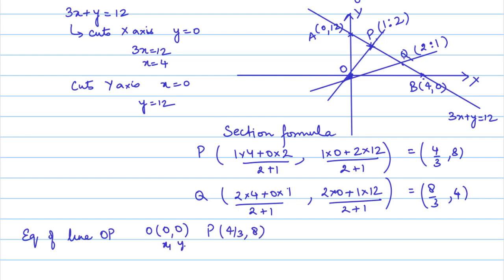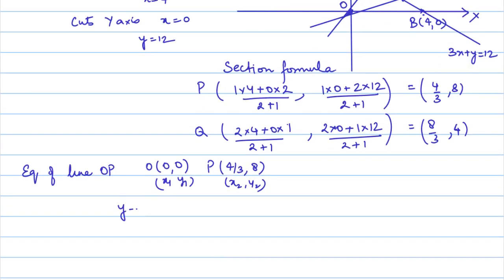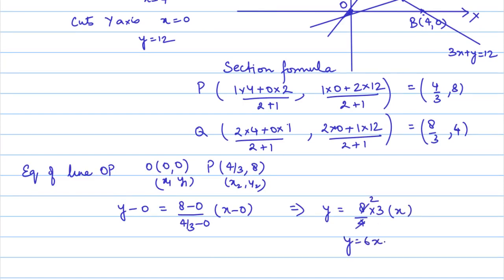Assume this to be (x1, y1) and this to be (x2, y2). Therefore, applying the formula, y minus y1 equals (y2 minus y1) upon (x2 minus x1) into (x minus x1), which implies y is equal to 8 upon 4/3 into x. So y equals 6x. This is the equation of one of the lines.